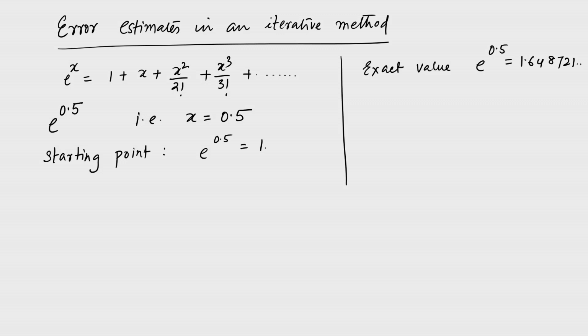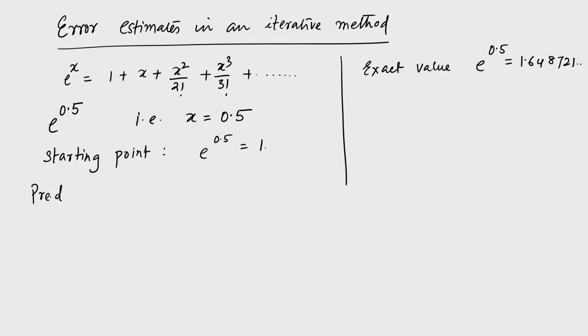So, that is the exact value, and of course, we are starting with a value which is very less, which is equal to 1, that is the first term in that expression, and we will successively add x and see what the error is compared to the exact value. We will also define a quantity called the approximate relative error, and we will want this approximate relative error to go below a certain threshold value, which will be decided by us, that is by you. So, in order to do that, let us look into this.